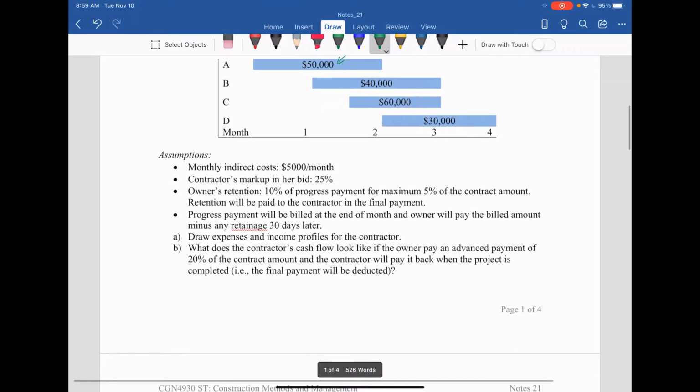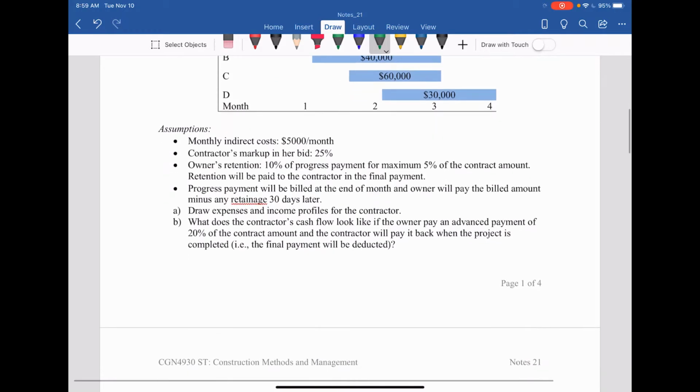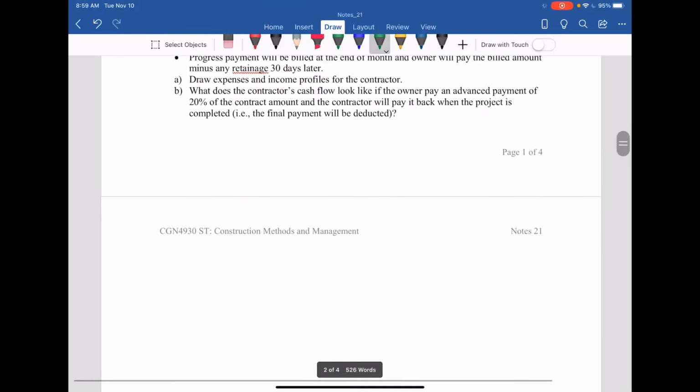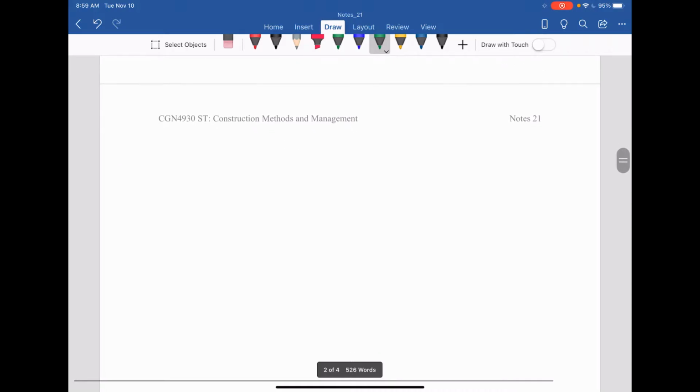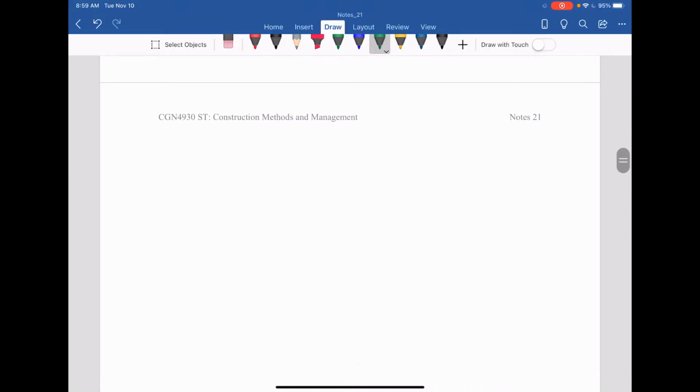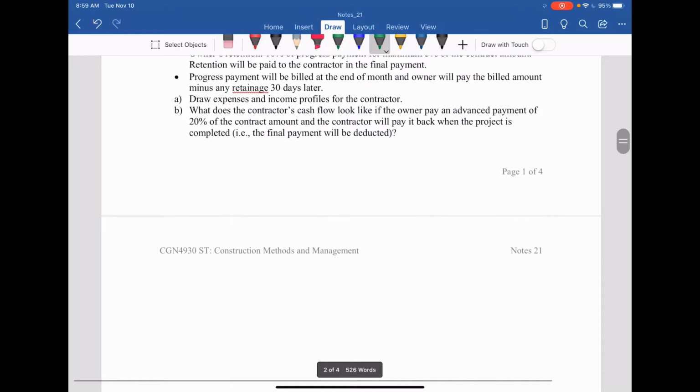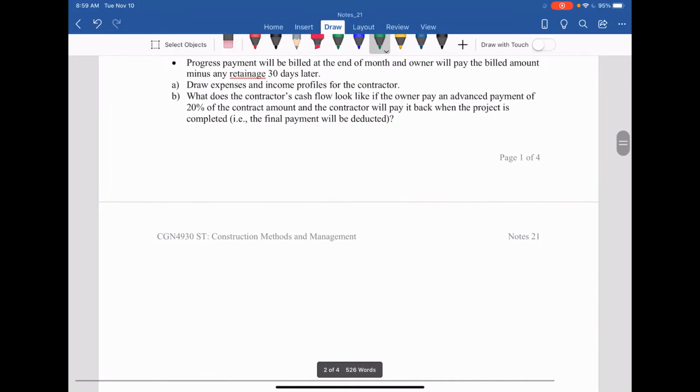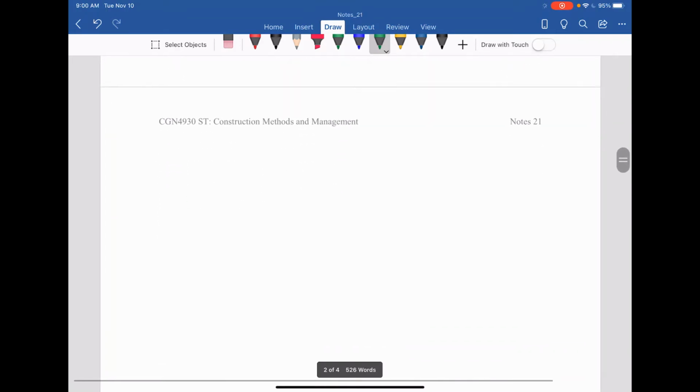So let's start with this problem. Determine the monthly direct costs and indirect costs based on the direct cost of each activity, and the total monthly cost and cumulative costs for the first portion. Then we can go ahead and determine the expense and income profile in the graphic.